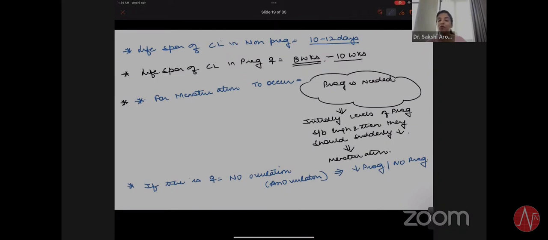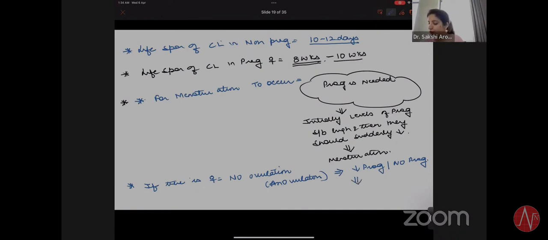So if progesterone is low from the start or there is no progesterone at all, can a female menstruate? No. For menstruation it is necessary that initially the levels of progesterone should be high and then they have to decrease, right?